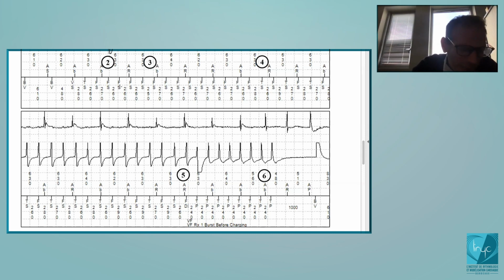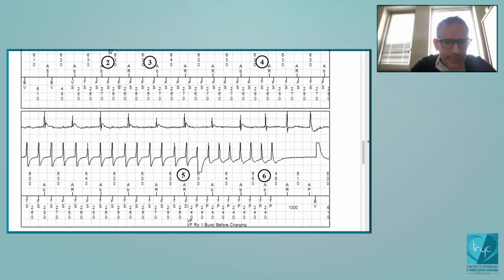If you program 30 out of 40, the combined counter is automatically programmed at 35. It means that the device, after 6 FS cycles, will count both the VT and the VF cycles. It will say, okay, 1, 2, 3, 4, 5, 6, 7. It will sum all the cycles labeled VT and VF.